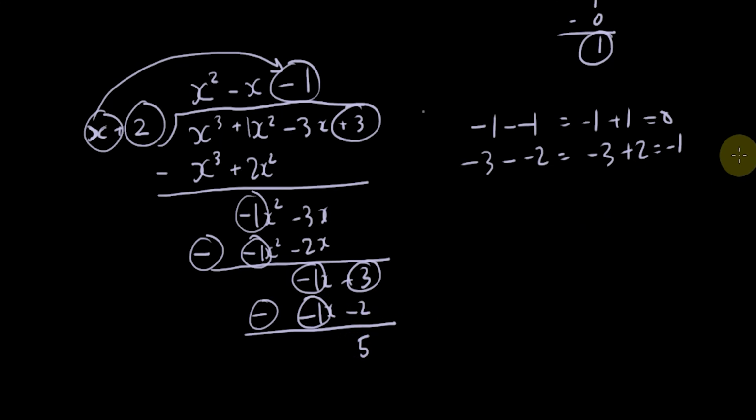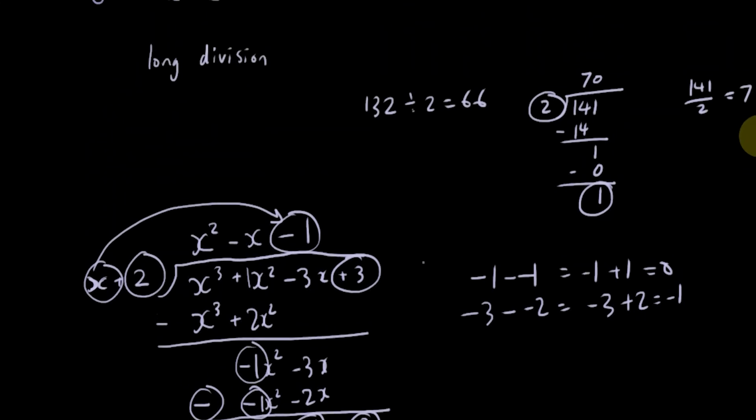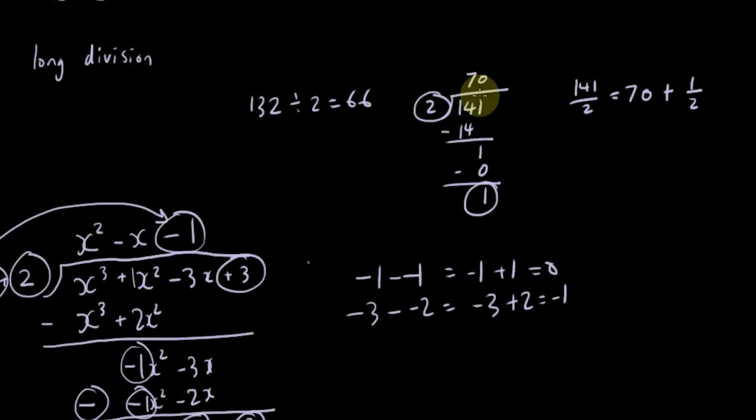Okay, so rewriting this using the numerical example, remember we said 142 divided by 2 is 70 plus 1 over 2.